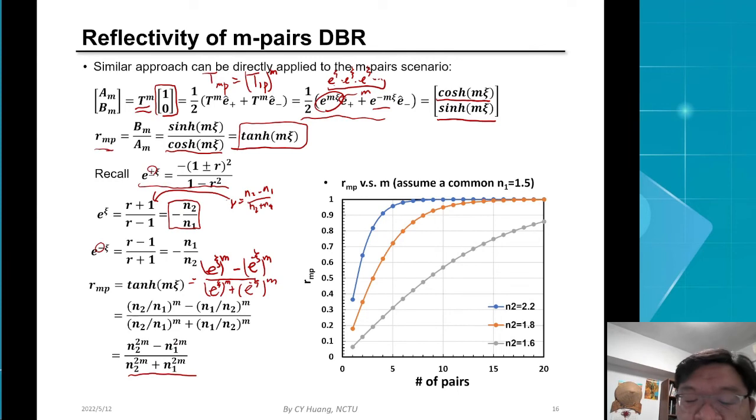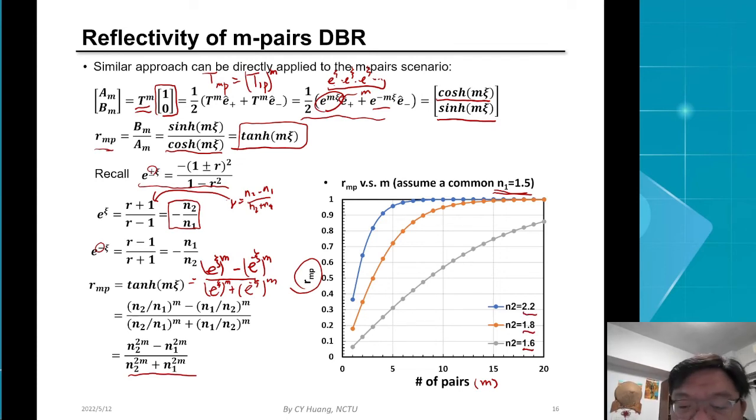Okay, so we plot the reflectivity against the number of pairs, the number n, assuming the same common n1, the low index one, of 1.5, and for the high index one we try three values, from low to high: 1.6, 1.8, and 2.2.